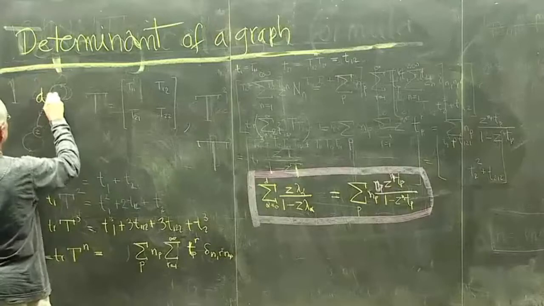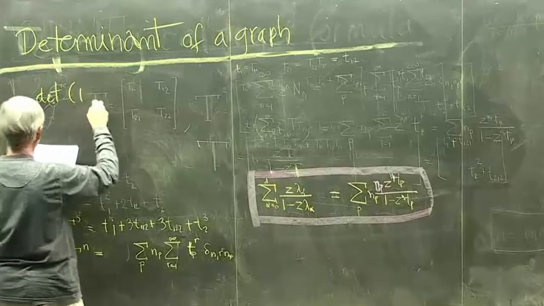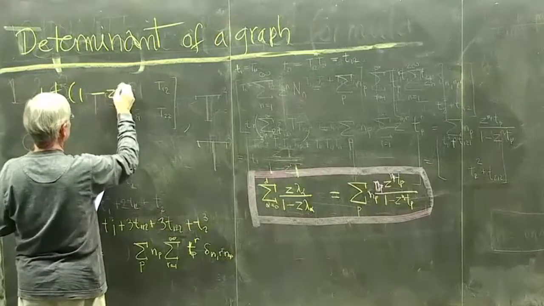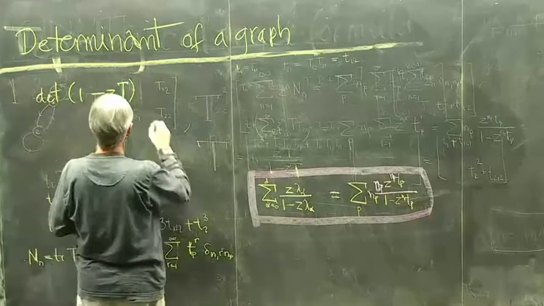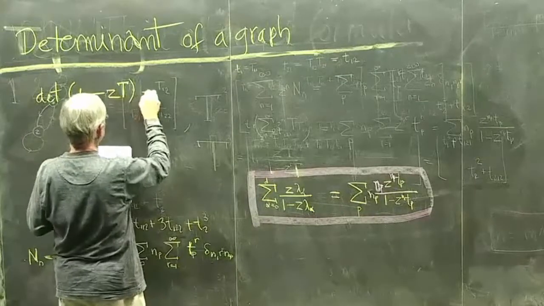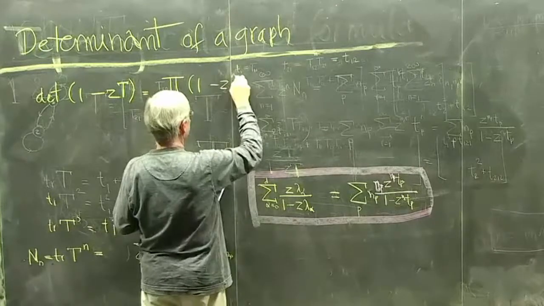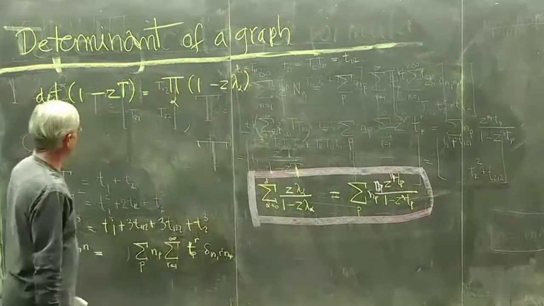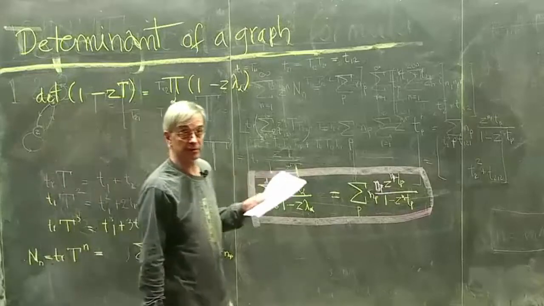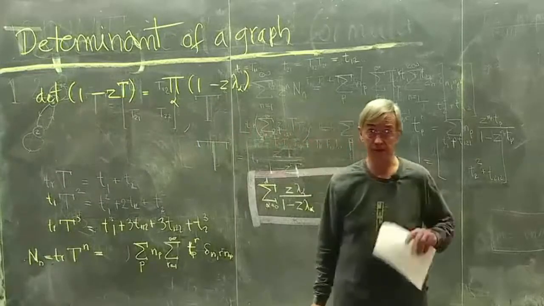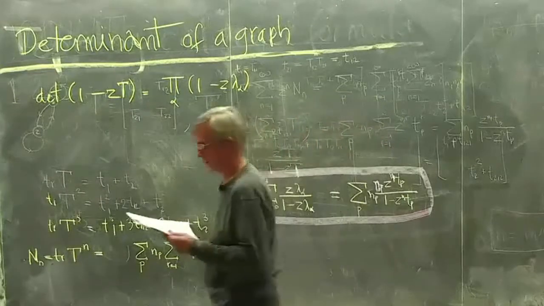If you look at determinant of 1 minus zt, that's a polynomial in z, and what it is, it's the product of all the roots. Number of distinct roots is no larger than the dimension of the matrix, and often it's much smaller.